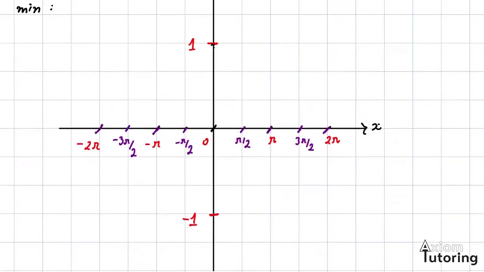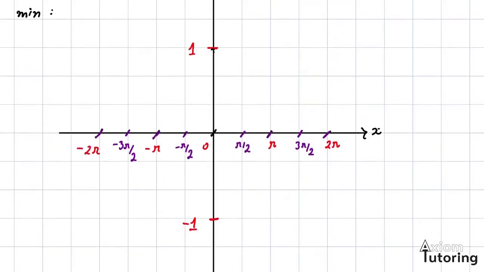The maximum points will be occurring at -2 pi, 0, and 2 pi. And the minimum points will occur at -pi and pi. And remember that the cosine function is symmetrical.